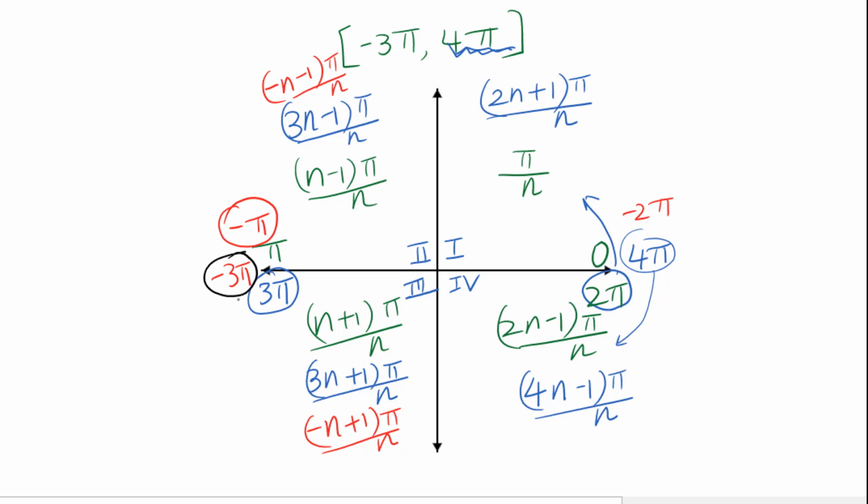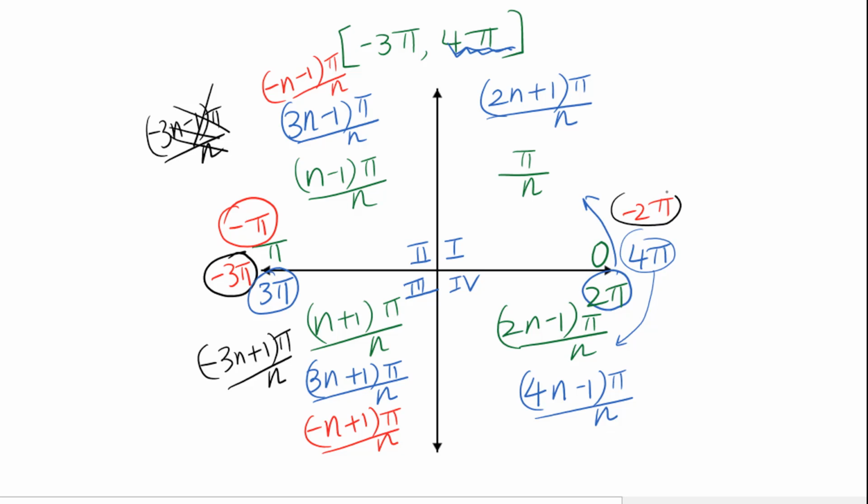For this negative 3 pi, you cannot do negative (3n minus 1) pi over n because you stop at negative 3 pi. So we stop there. Over here, you can write down negative (3n plus 1) pi over n.